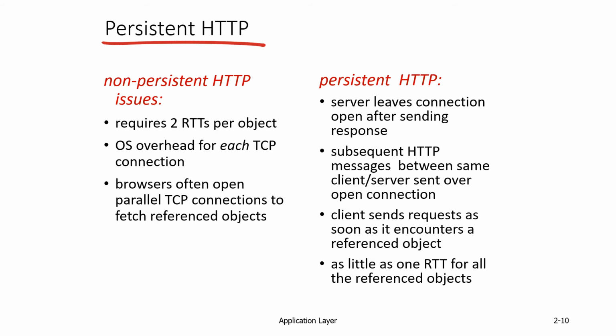Then the client sends the second request, send me object number 2, then object number 3, then object number 4, and so on. The server keeps on replying to these requests, but it keeps the connection open. That basically means that we can use a single round trip time for all of the referenced objects. So using one single TCP connection and one single request for each of the 10 objects, we can reduce it, if we operate in parallel mode, to a single round trip time.